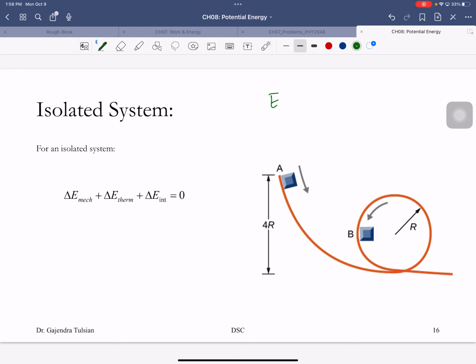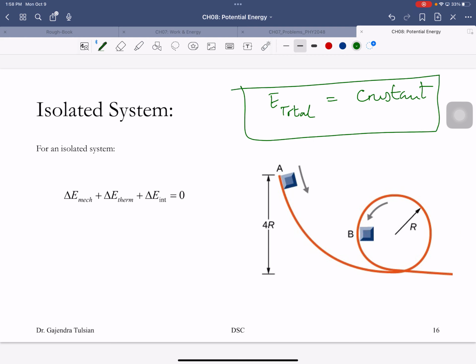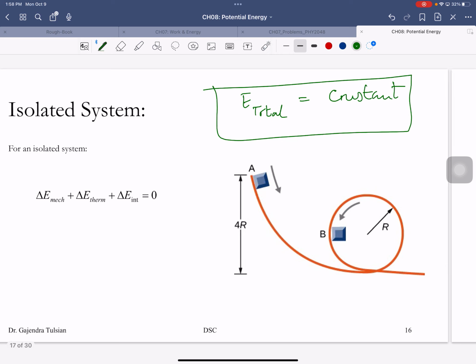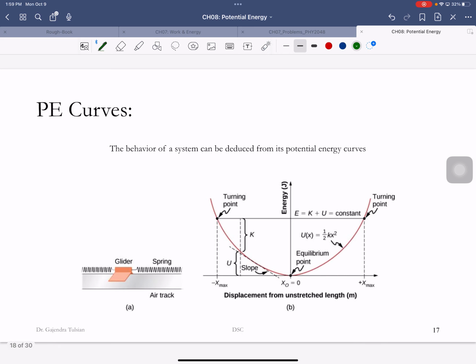That's the conservation of energy statement: the change in total energy is zero. We've tested this for large systems, and for as large a system as we've tested, that's a true statement.